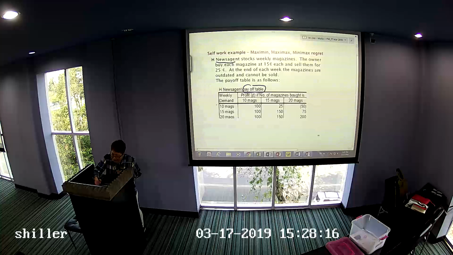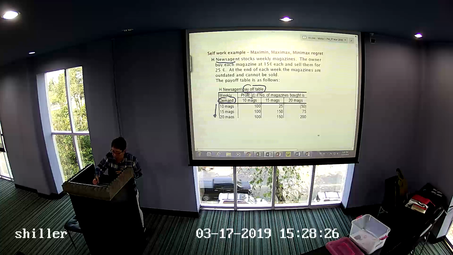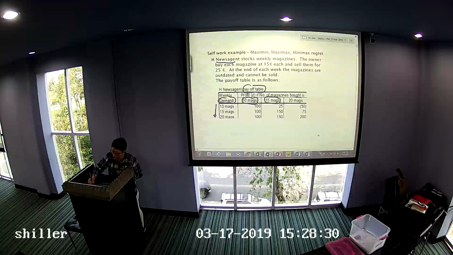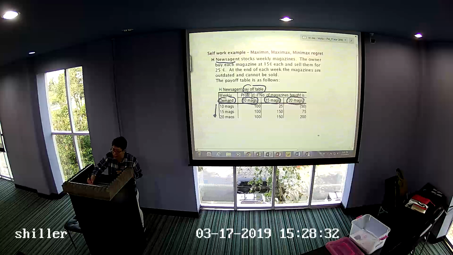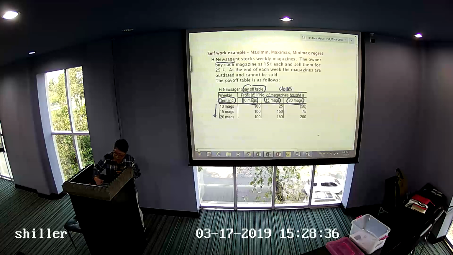The demand of the magazines are 10, 15, and 20. So he has to buy the magazines in advance. He wants to know, should he buy 10, 15, or 20? So which one is his choices? This one here are his choices. This one is your situation.